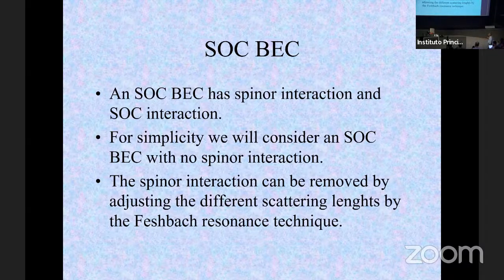In 3 components, you will have different scattering lengths in spin 0, spin 1, spin 2. Whereas in a scalar BEC, you have 1 scattering length. And if you tune by Feshbach resonance the scattering lengths to be equal, you can eliminate the spinor interaction. We did the calculation with and without spinor interaction. Here I am presenting results without spinor interaction because that's simple.